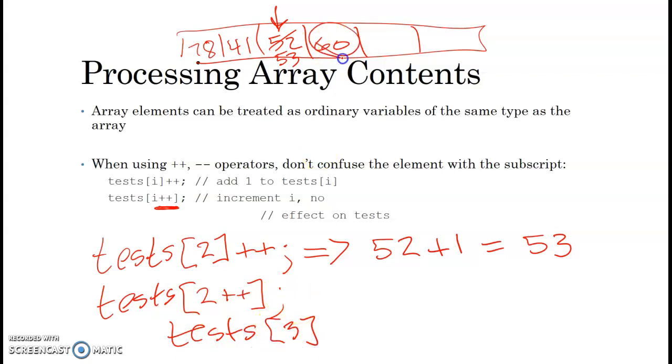So it will look at the 60 instead, and it will not add 1 to it. All it's doing is referencing the element 1 away from whatever i is. So there's a difference. This is incrementing i, where this is incrementing the value inside of the array.